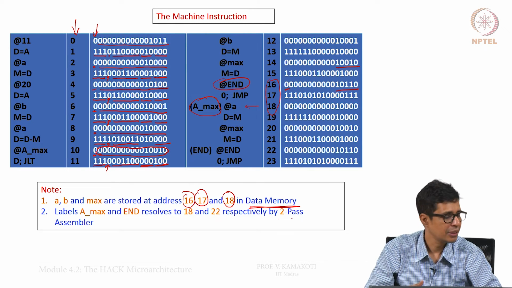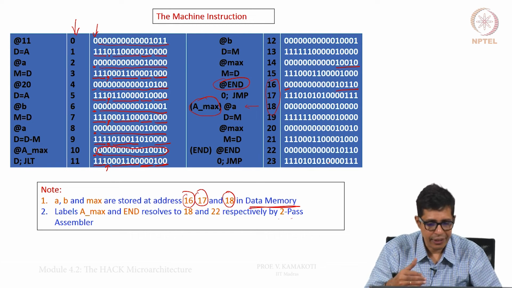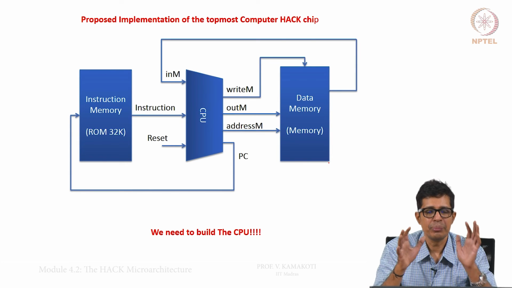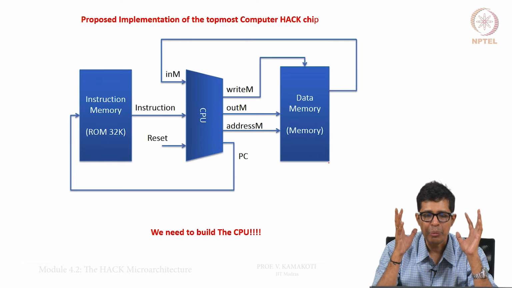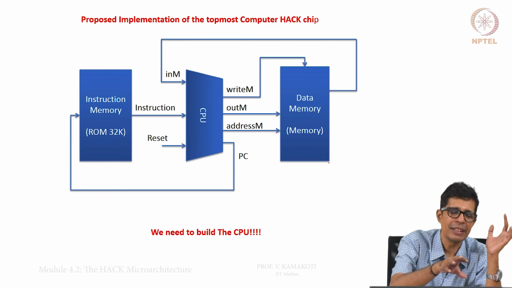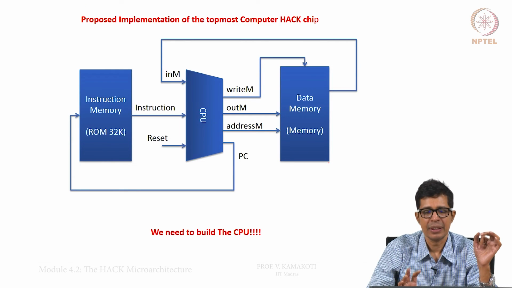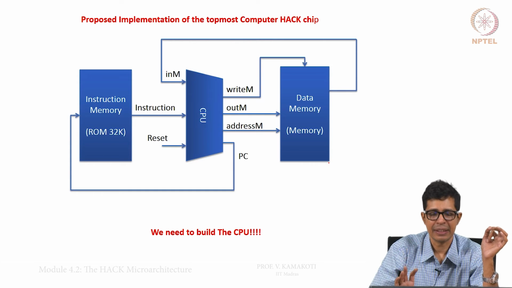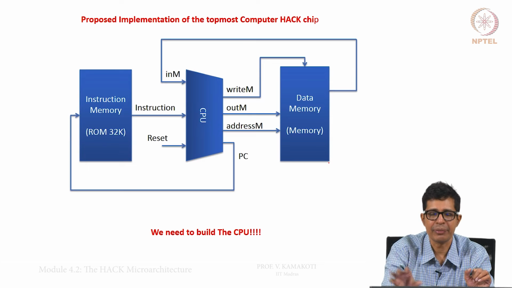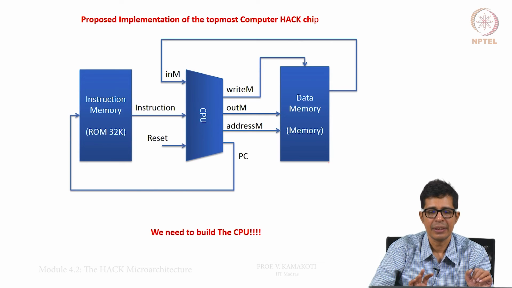Before we conclude, this is the proposed implementation of the topmost computer hack chip. The topmost computer hack chip will have an instruction memory, a CPU, and a data memory.